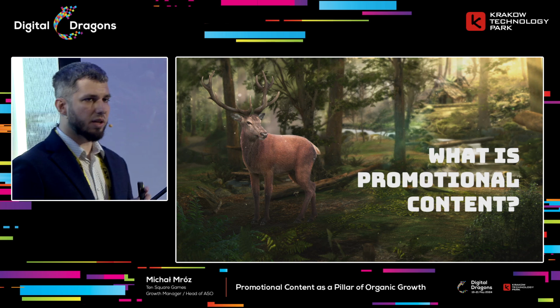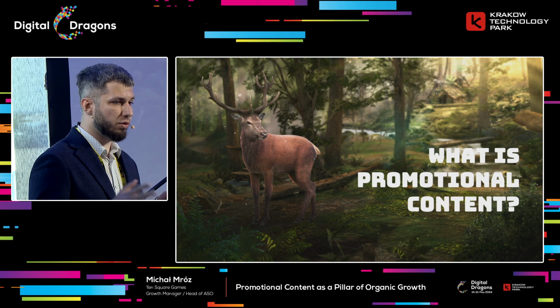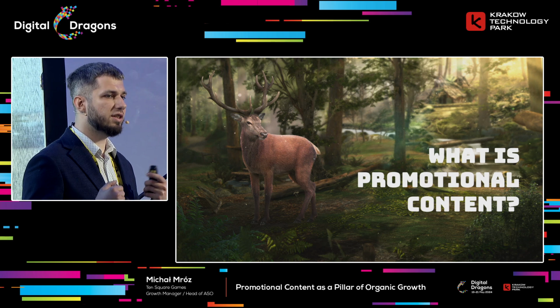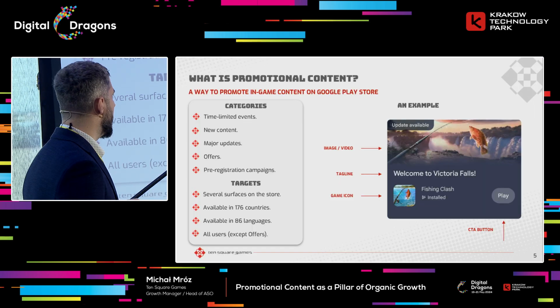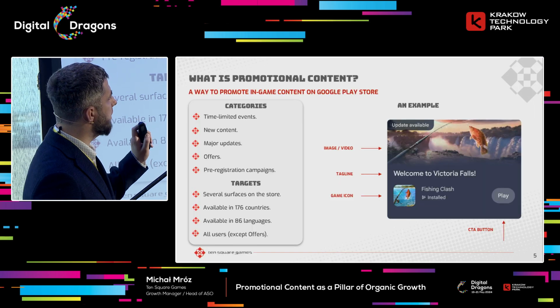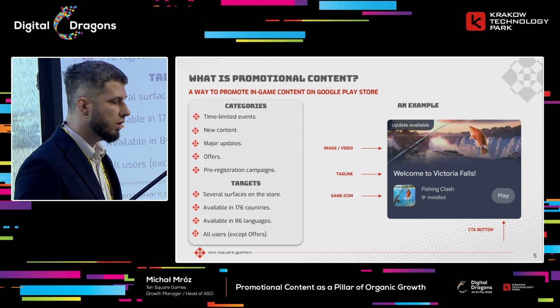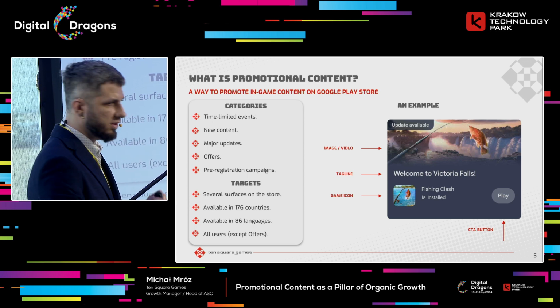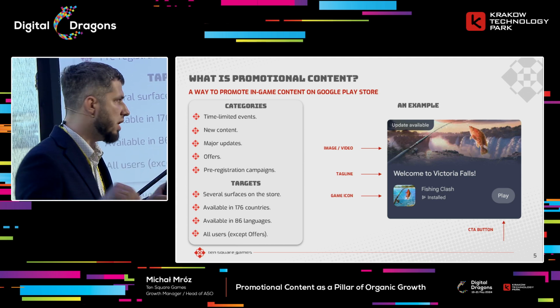But the thing is that probably you don't know what really promotional content is, because if you have Android device, then this is something that you're exposed to from the very beginning. Because this is basically this kind of a widget that consists of image or video, then tagline, that is like just a headline to what the promotional content is about.